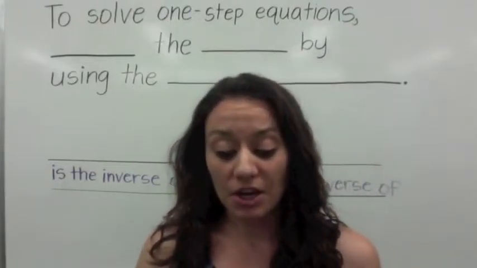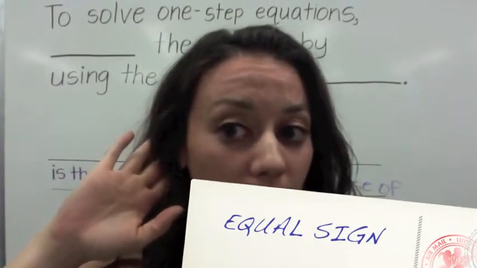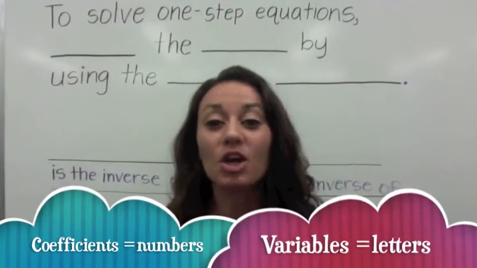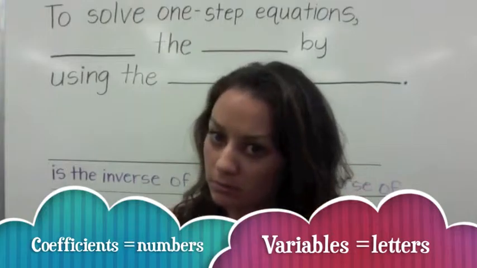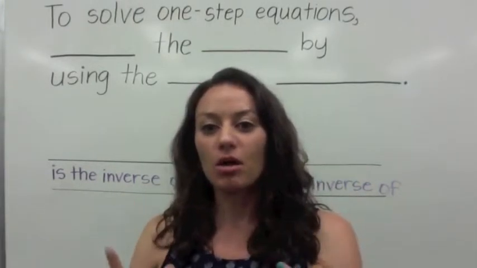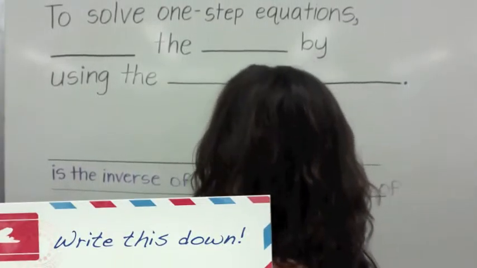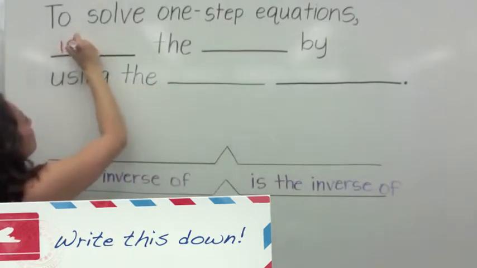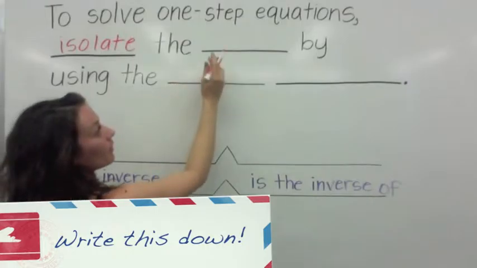So remember that an equation has an equal sign. And there's also going to be coefficients, which are numbers, and variables, which are letters. Okay, so to solve one-step equations, what you have to do is isolate the letter.